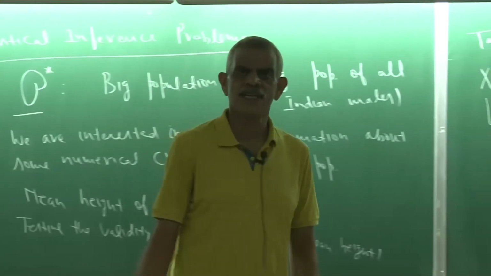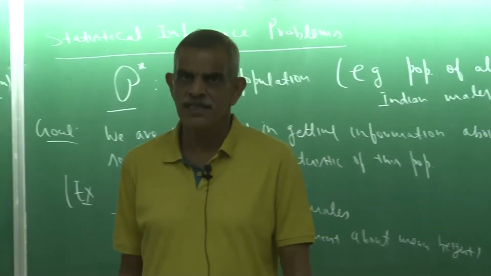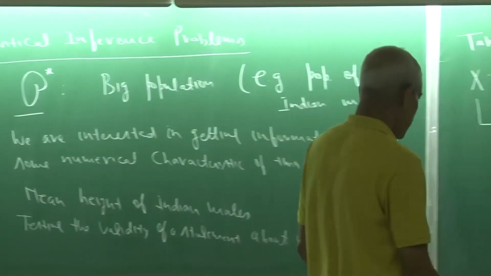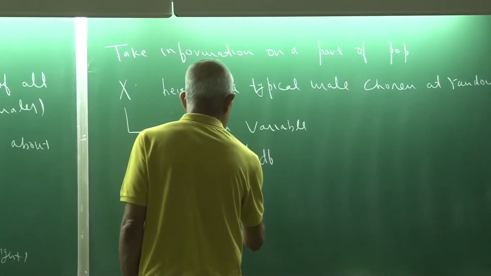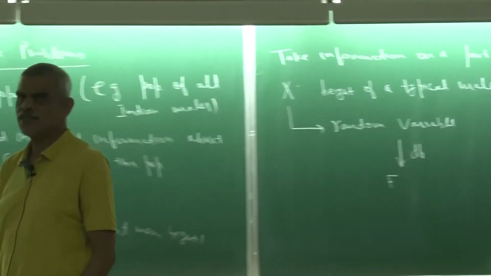Now, certainly if it is a random variable, it will have a certain distribution associated with it. Suppose this random variable has a distribution function F, which is unknown.